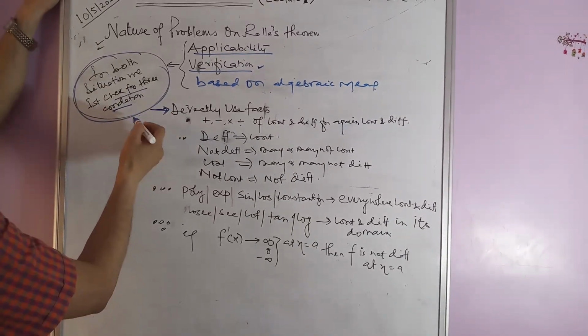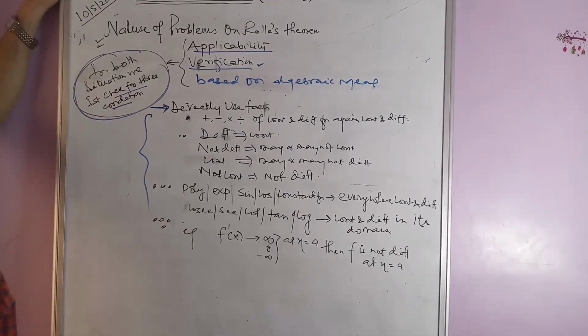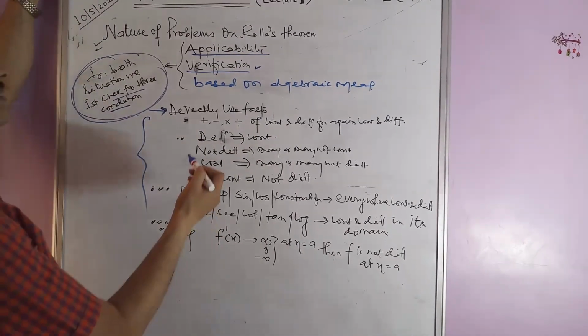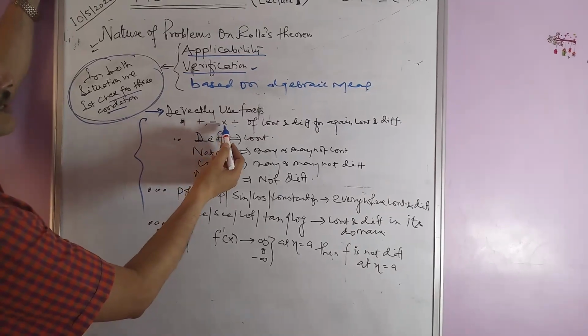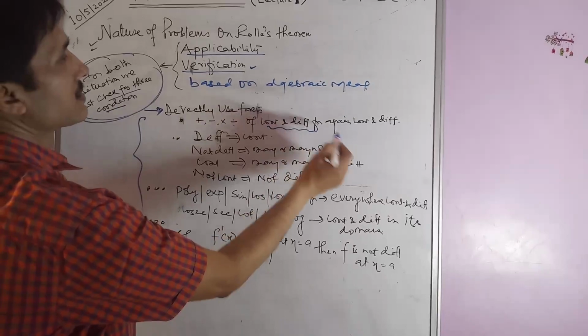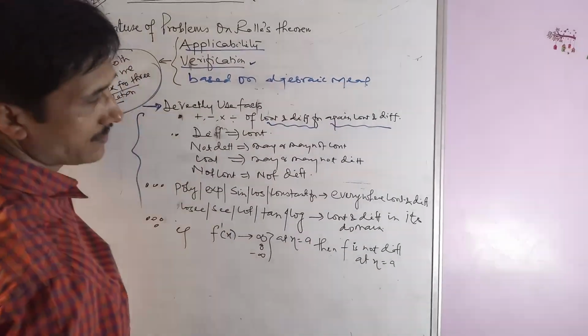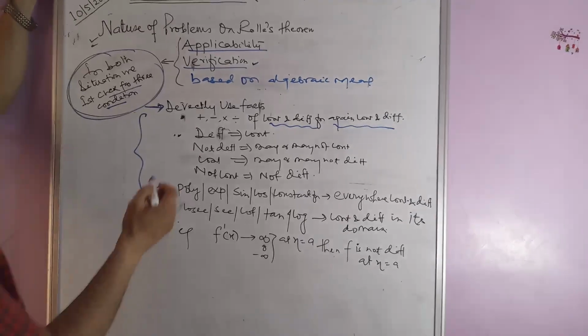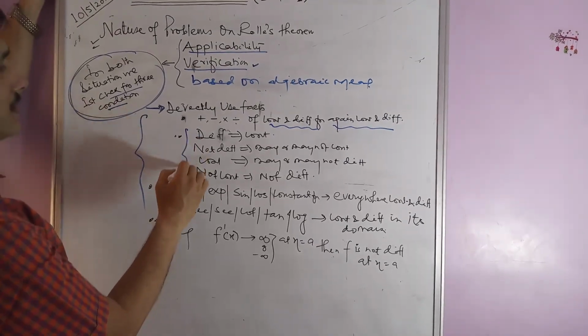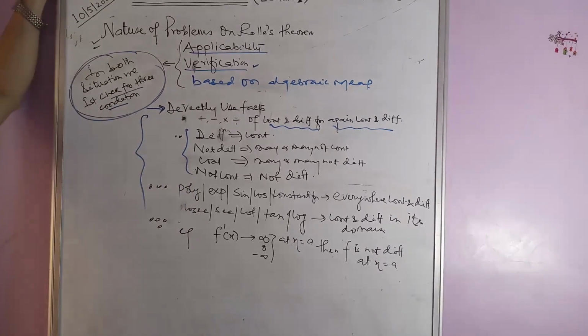In doing problems, we use some results directly, like addition, subtraction, multiplication, division of continuous and differentiable functions are again continuous and differentiable. Second, we use directly the result relating continuity and differentiability.